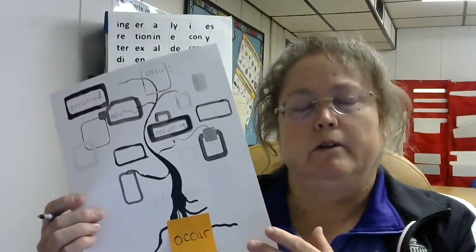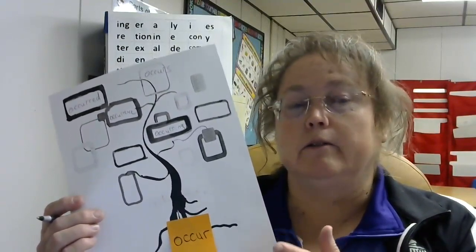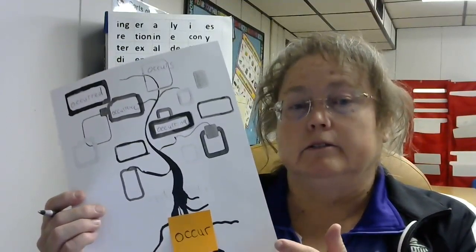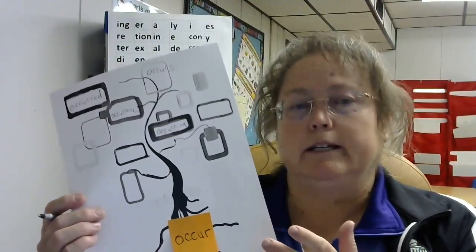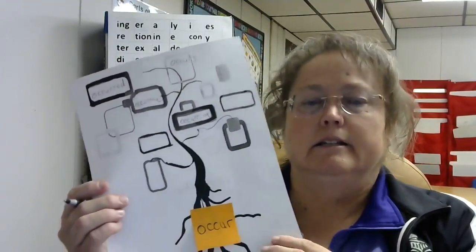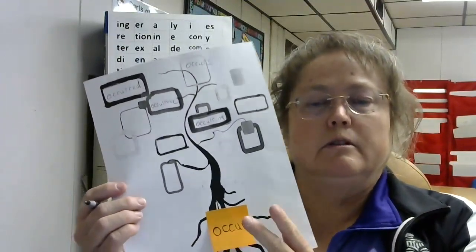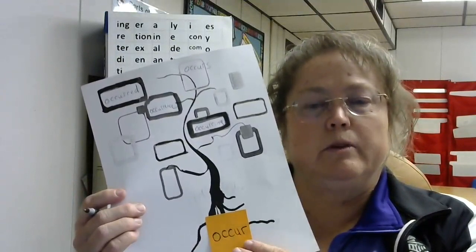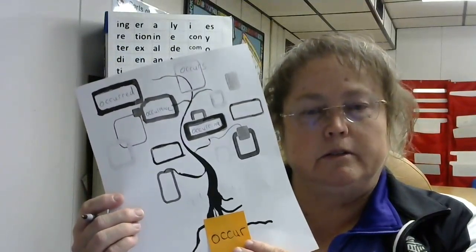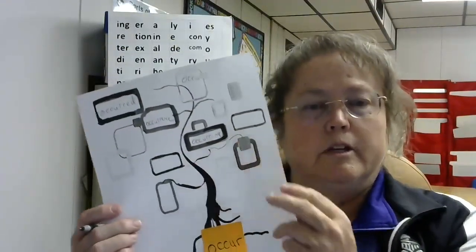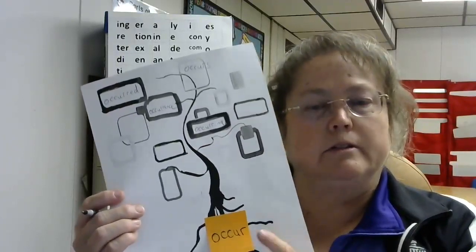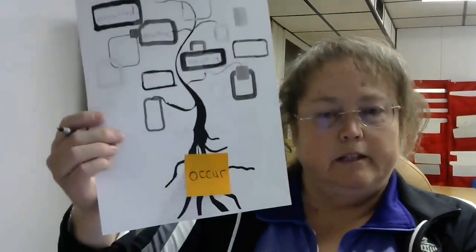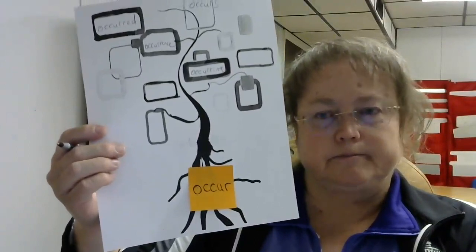Or if you hear the word occurring, it's like, oh, I know the root word is occur, so occurring must be it is happening. So if you do your vocabulary with these root words, you can also come up with some other family words that use the same root word. So here is occur.